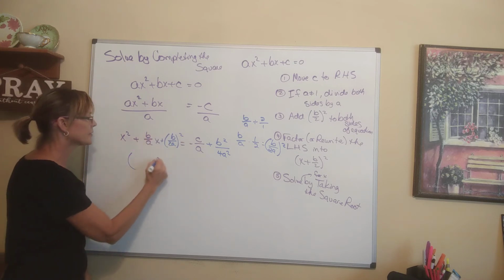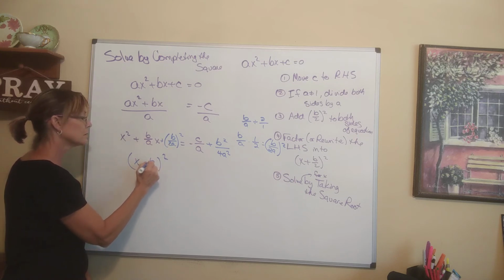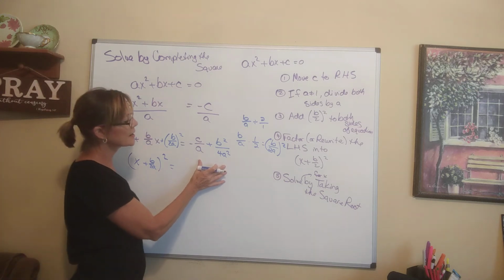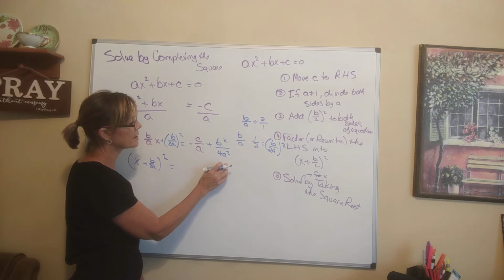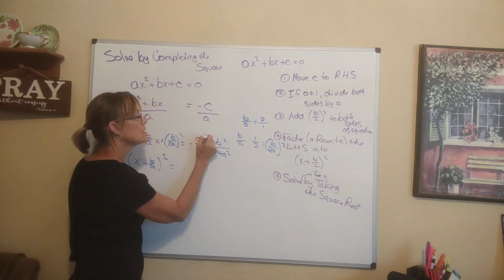All right, now I need to factor, right? This will always factor into x plus whatever I see in there, quantity squared. Now, if I want to add these together, I need a common denominator. Let's get a common denominator of 4a squared. I already have an a, so let's multiply this by 4a.